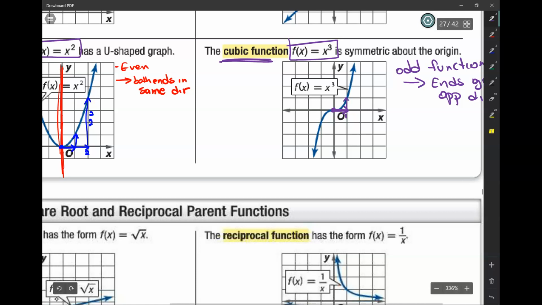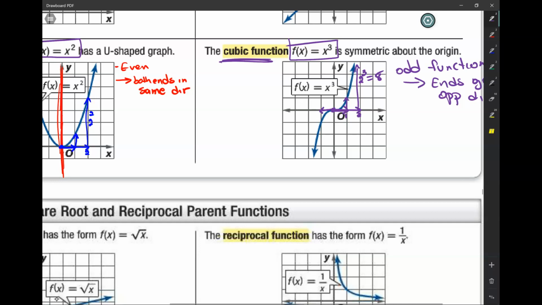Now, if I were to go over 2 in the positive direction, that's a shift of positive 2. My function will increase like 2 cubed, 8.